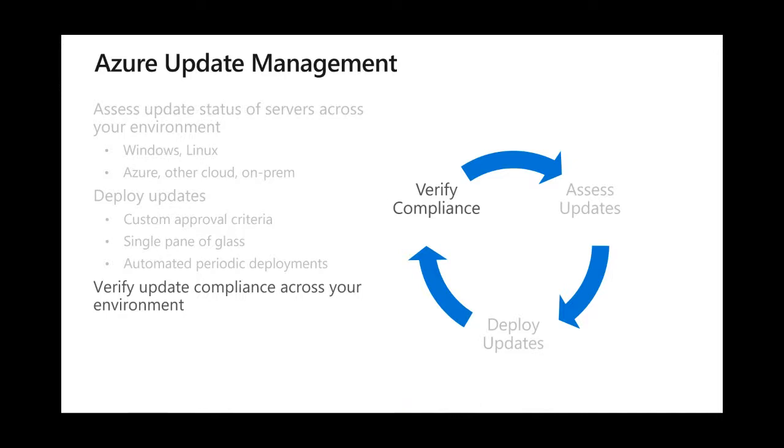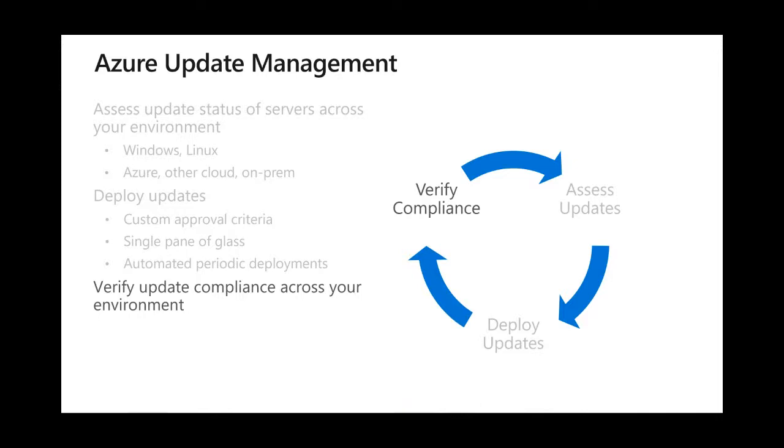Besides the fact that you have this overview, that this VM is missing some updates, you will be able to deploy those updates from update management. You will be able to set up a scheduler or just select the right VM and configure what updates you want to be made on that VM.